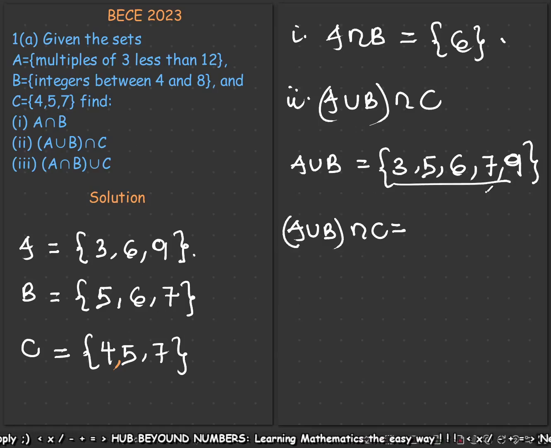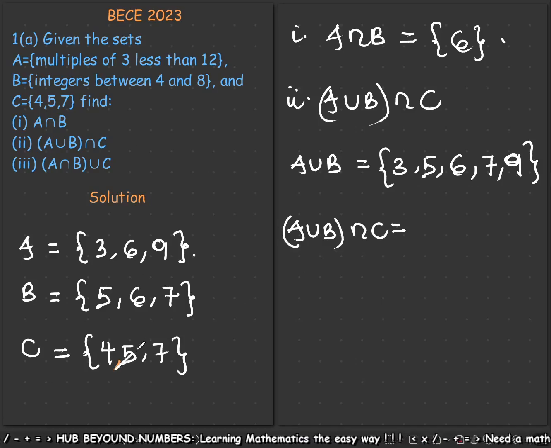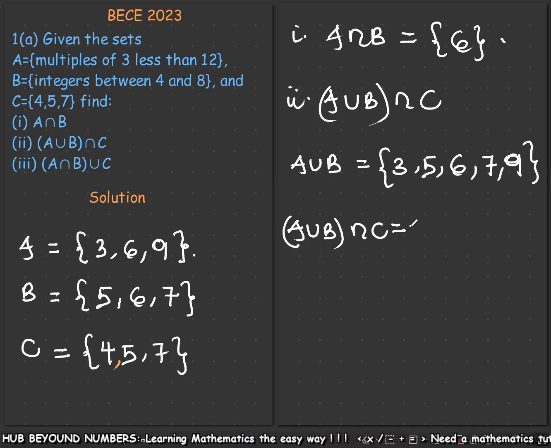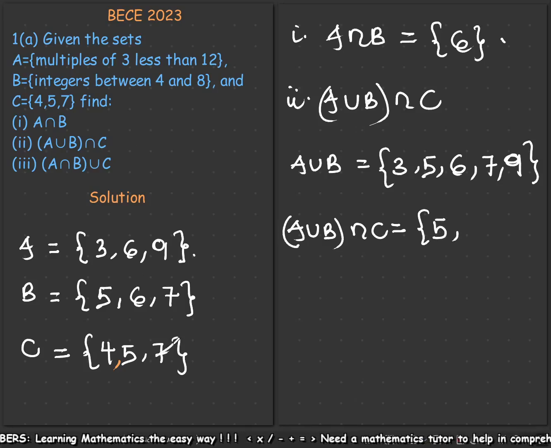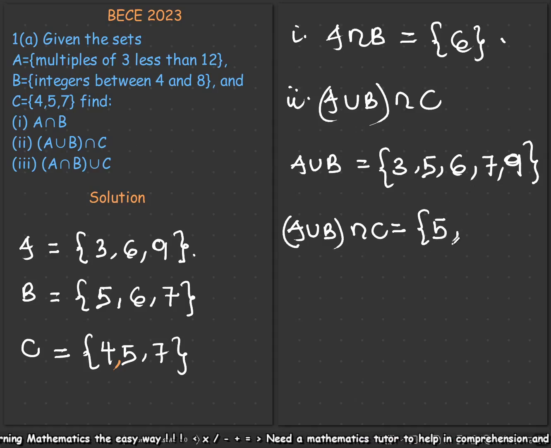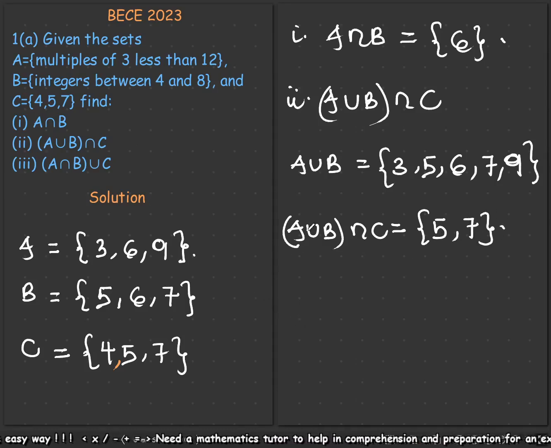No. Do we have 5 here? Yes, we do. So we write that out, 5. We have 7 here. Do we have 7 here as well? Yes. And that is just it. So for A union B intersection C, we're actually talking about 5, 7 in that set.